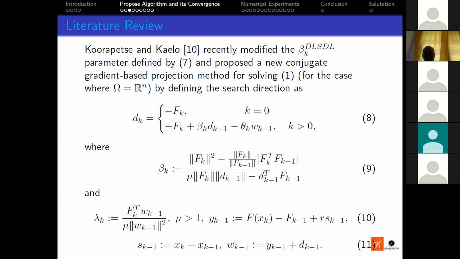One is to establish that the direction is a descent direction, and that descent direction is very useful in showing the convergence of the algorithm. And another very important thing is it helps in showing that the direction defined by 8 is bounded. And these two properties, the boundedness and the descent property of the direction, are very crucial in showing the convergence of the algorithm.